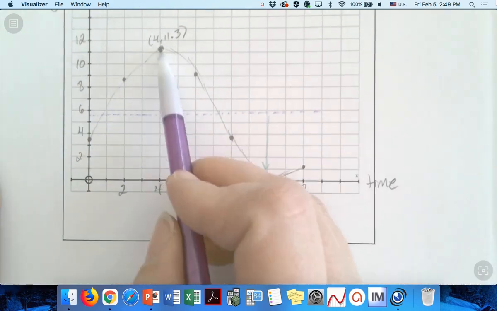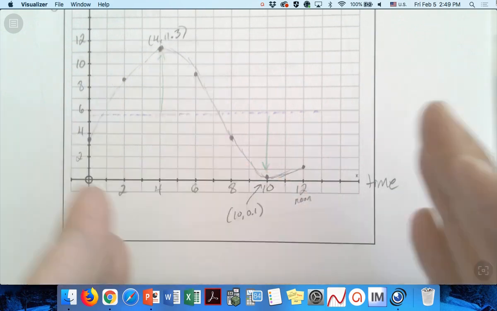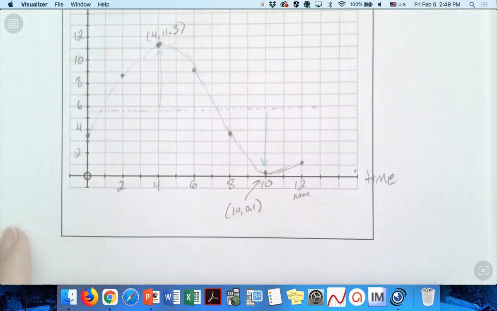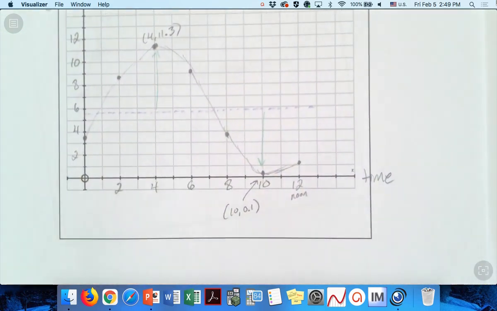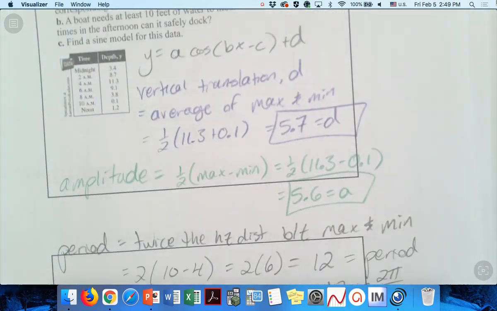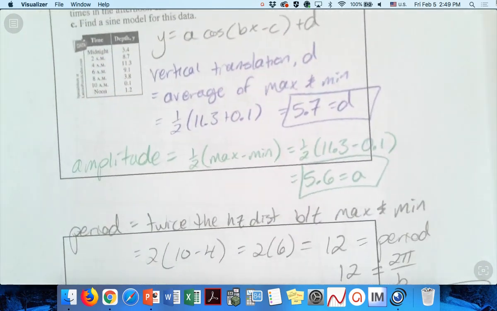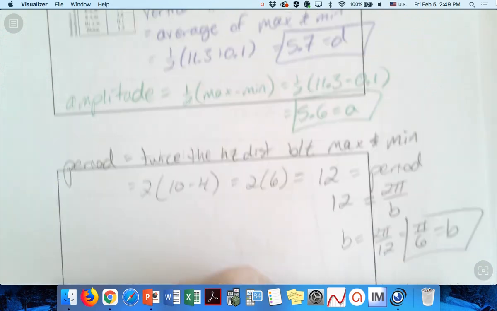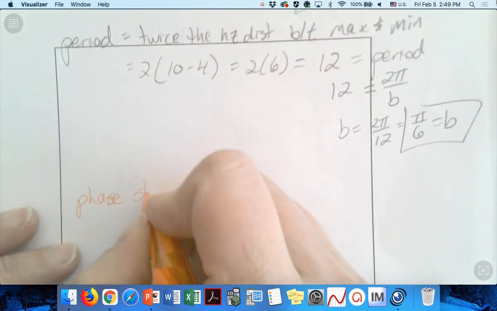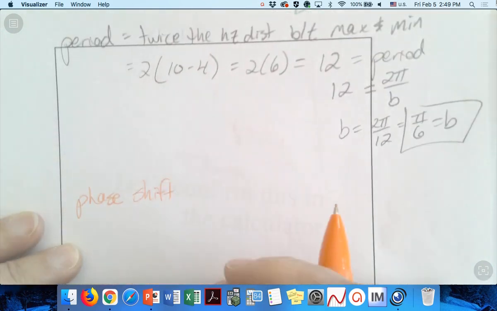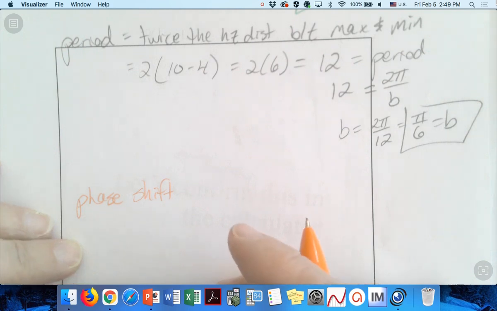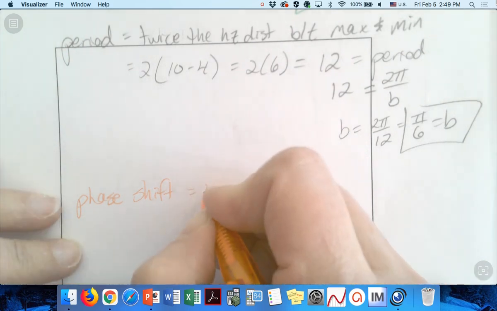So if the cosine curve is going to start there, then our phase shift is what? 4. The phase shift in this case is going to be equal to 4.